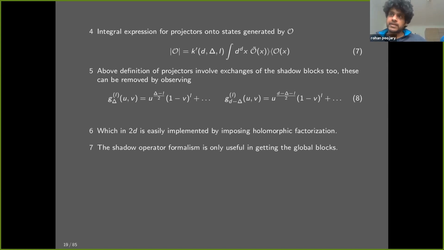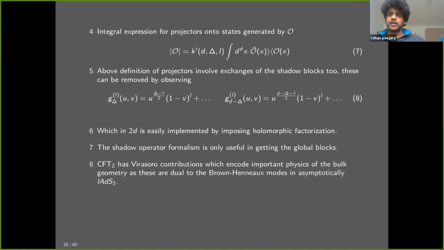So if you use this integral in 2 dimensions, you can only get the global blocks, not the Virasoro blocks. And CFT has Virasoro contributions, which are basically the physics of graviton back reaction and asymptotic symmetries of AdS and BTZ.